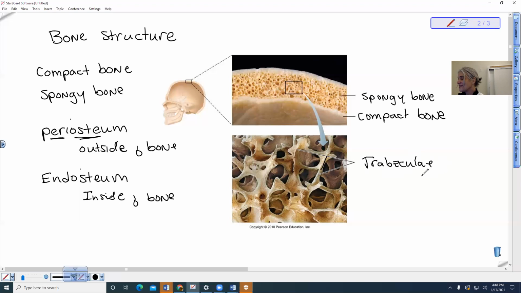Okay, so that creates these spaces, and this actually is a very strong architecture to our bones, having these internal spaces and having these almost like steel girders inside of the bone. So this is not just found in the flat bones, but it's also found in other bones, in all bones.